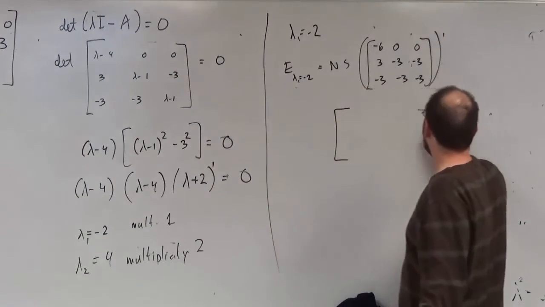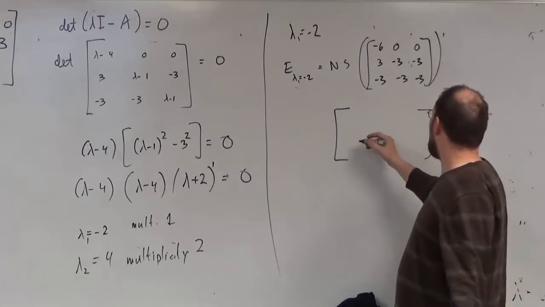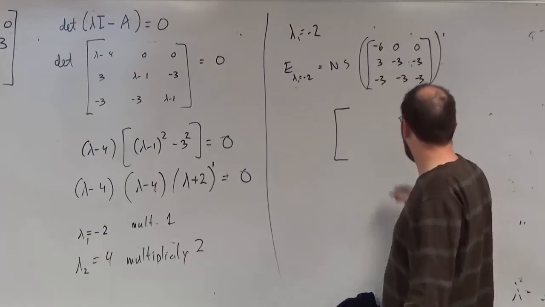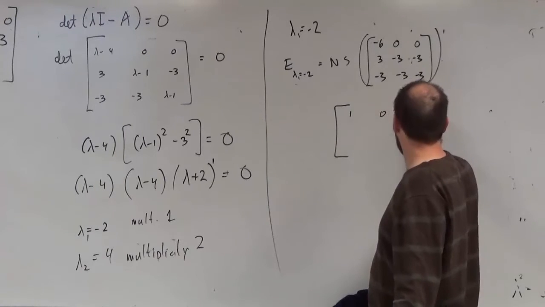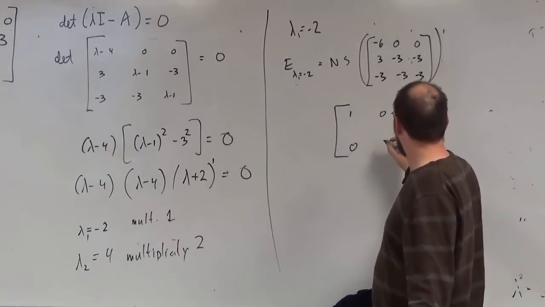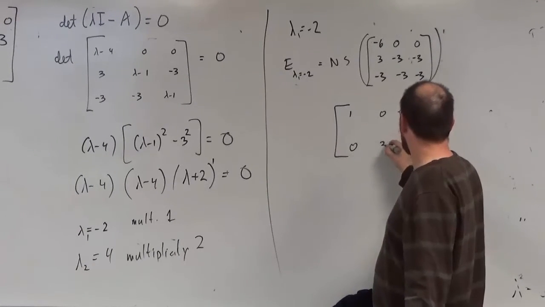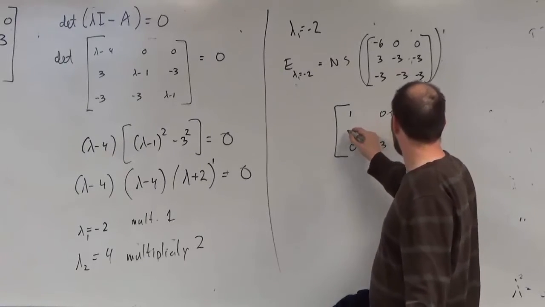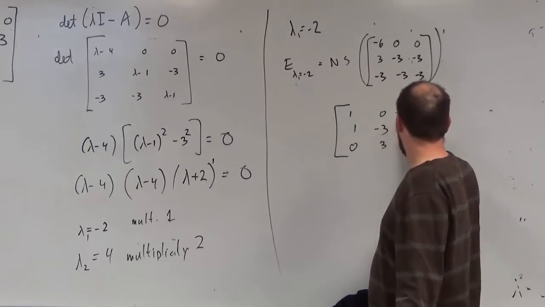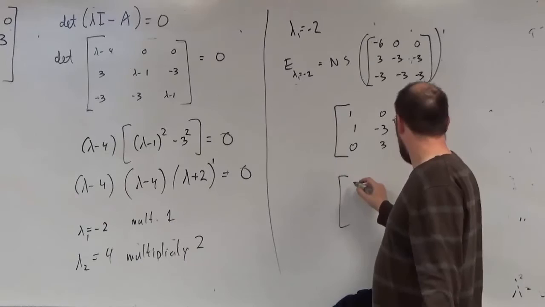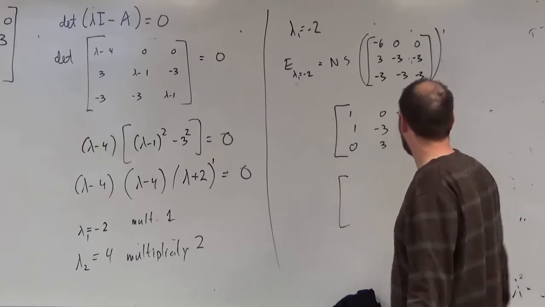Because you just row reduce. And you know that you have to get at least one row of zeros. I won't bother you with the details.